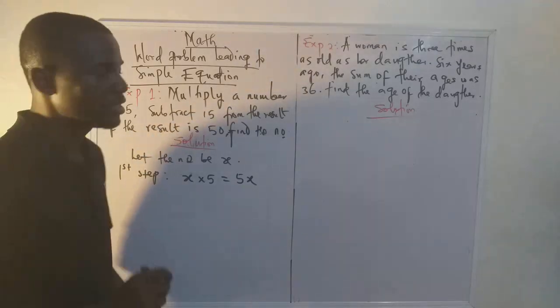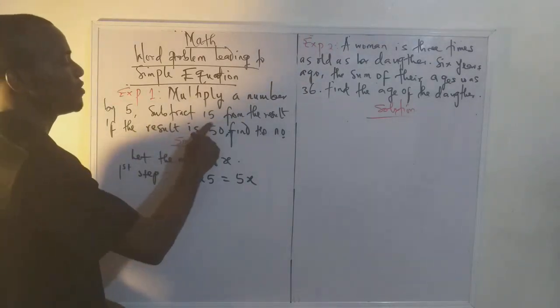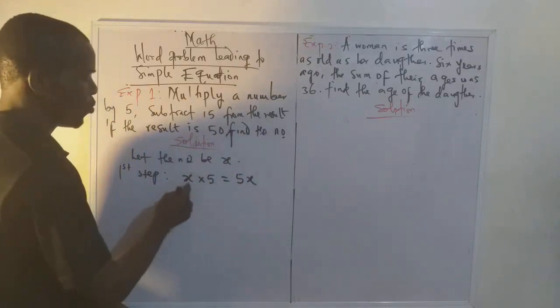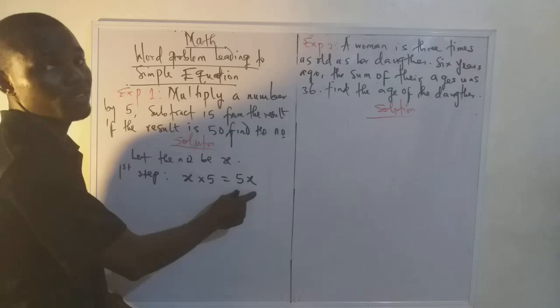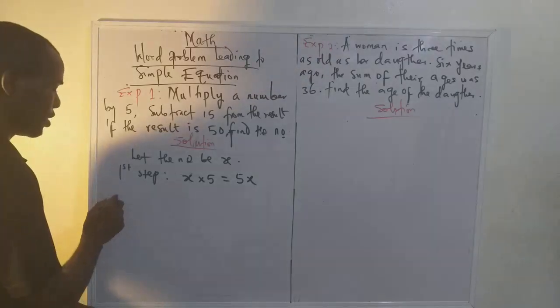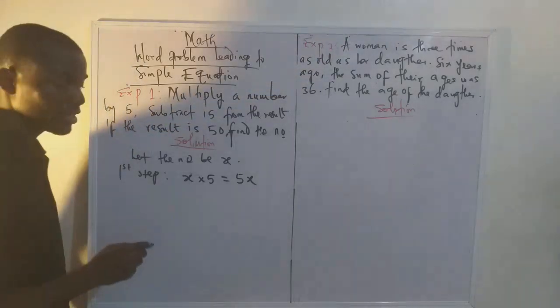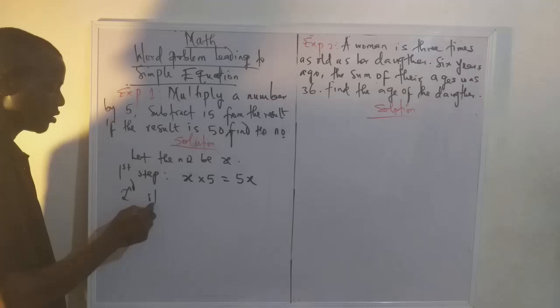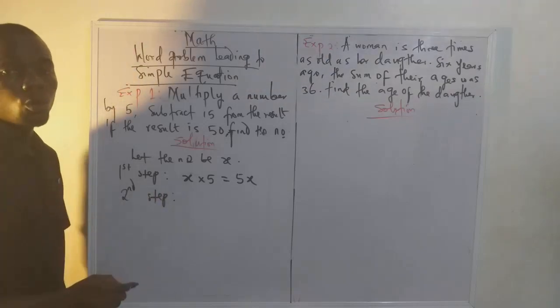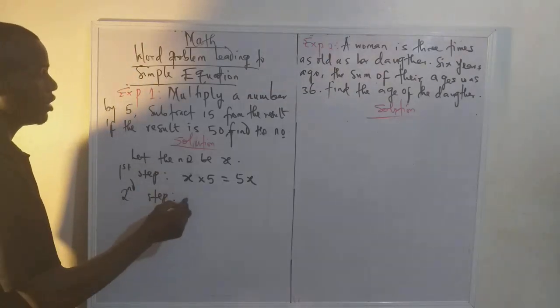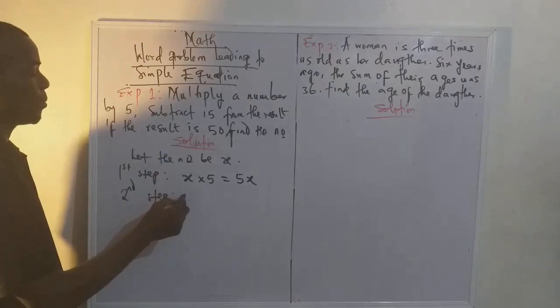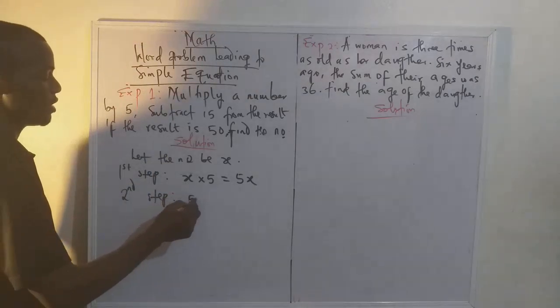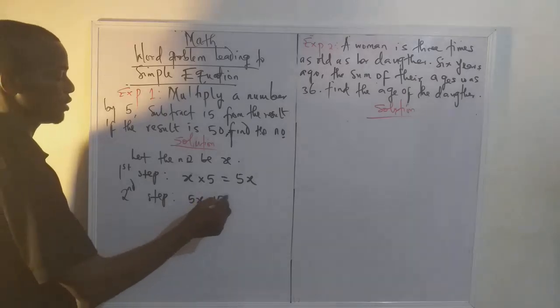The next statement says that subtract 15 from the result. When we did this, what was our result? 5x, isn't it? Our second step will be to say 5x minus 15.